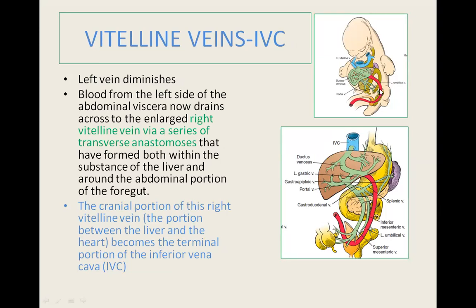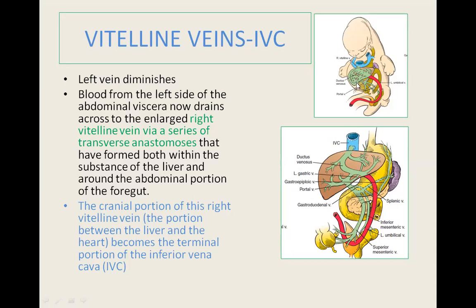Blood from the left side of the abdominal viscera now drains across an enlarged hepatovenous channel, this enlarged right vitelline vein, through transverse anastomosis that are formed within the substance of the liver around the abdominal portion of the foregut.